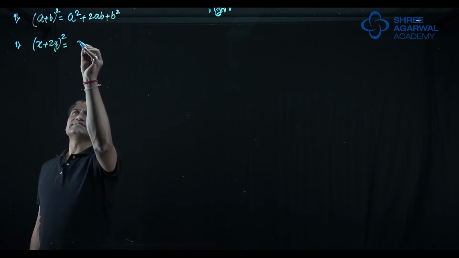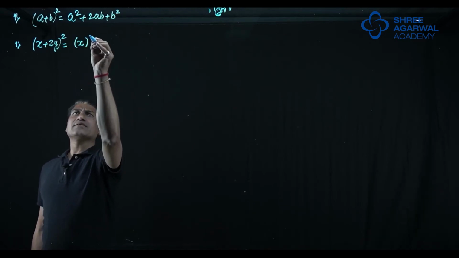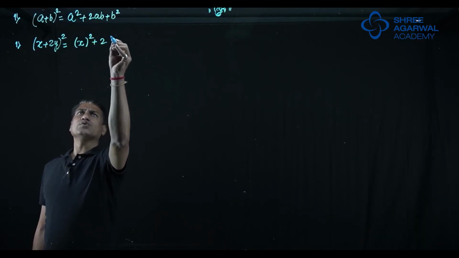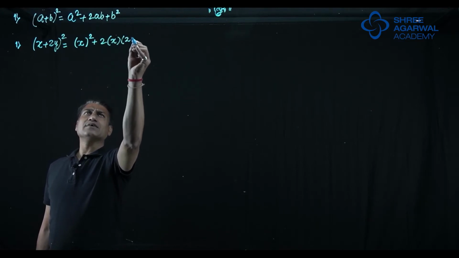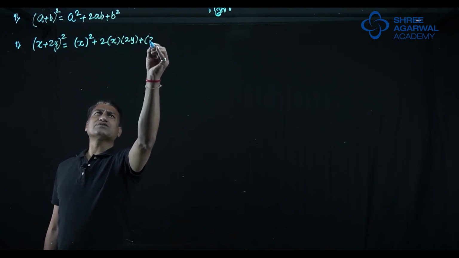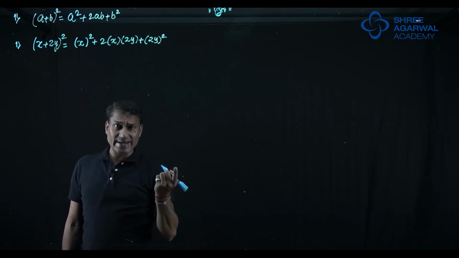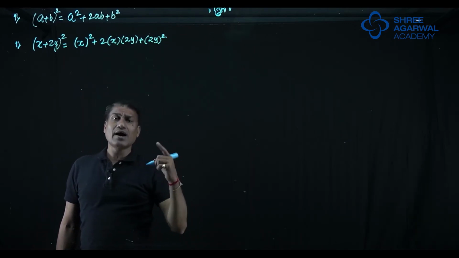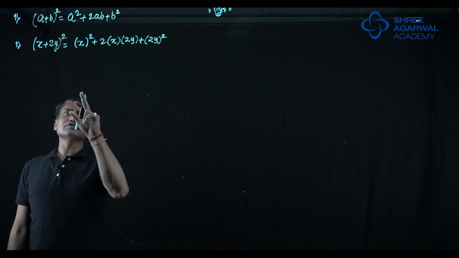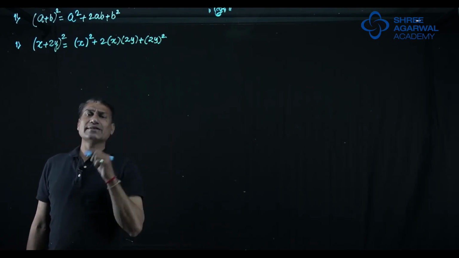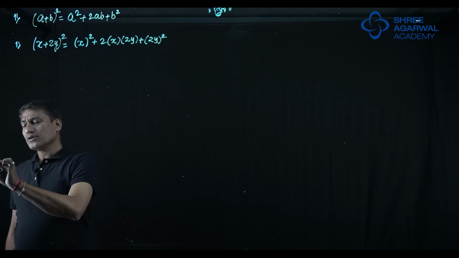So I would write a² + 2ab + b². Though I say a, I write x. Though I say b, I write 2y. Now this is called the substitution step, and in the next step we are going to solve it.